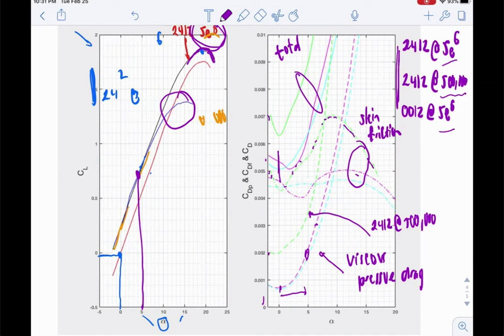This tells me that the cyan line is the 0012, because it's symmetric around that angle of attack 0. And that leaves us with the magenta line, which would be the 2412 at the higher Reynolds number. 2412 at 5 million, I think it was.